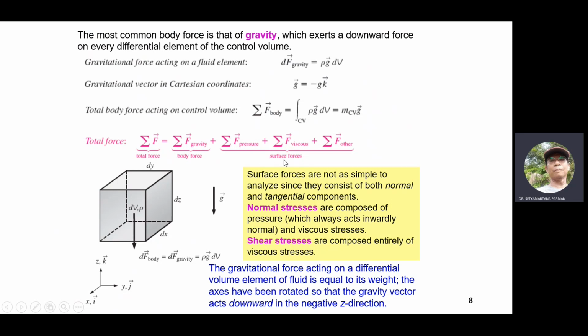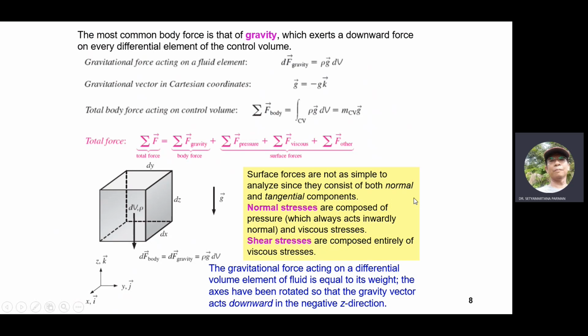The surface forces consist of the total pressure force, so pressure on the surface, plus the total viscous force, and then plus other forces working on the surface.